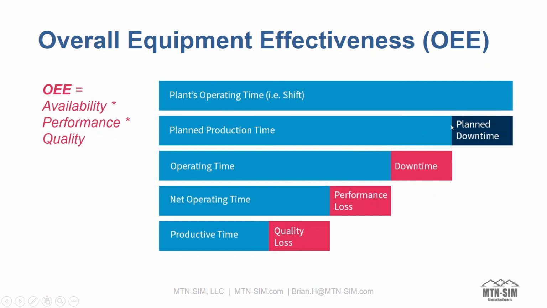And so basically we're finding out the parts that were actually good minus the ones that had to be reworked or scrapped, divided by the total number of parts.